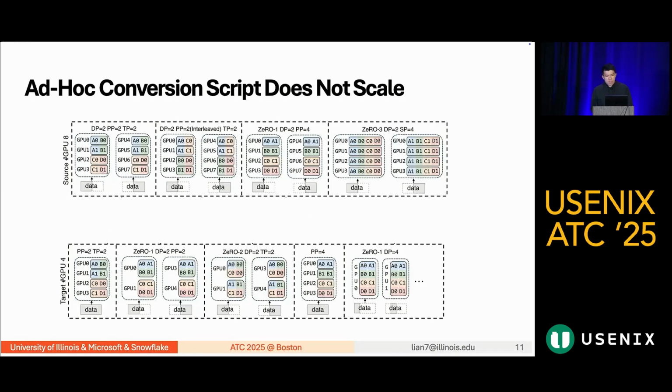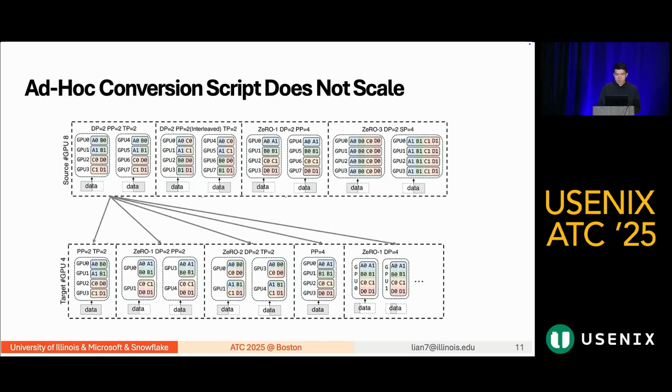Here's a simple example. Suppose we start from 8 GPUs. In each block, we show the parameter sharding layout of different parallelism configurations. Then we want to resume training on just 4 GPUs with a different parallelism configuration. We also want to try different target parallel strategies to compare throughput and select the most efficient one.